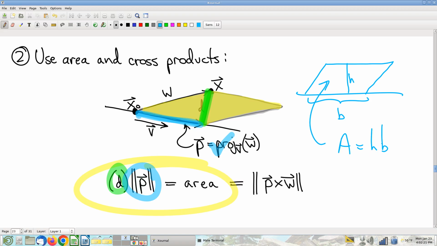Does that sound okay? So that's all I'm doing here. It's just that here I've got a height times a base. Everything's kind of turned to the side a little bit, but I can view this as being, if you will, the horizontal, and then that's the height and that's the base. Is that cool? Okay, great.